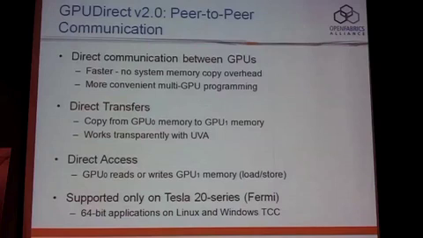It's direct access if you're doing a read, so you're actually able to DMA out of memory from another GPU using the P2P protocol and load store. And again, supported only on 64-bit Linux and Windows with TCC, and only on Fermi or Tesla 20 series.